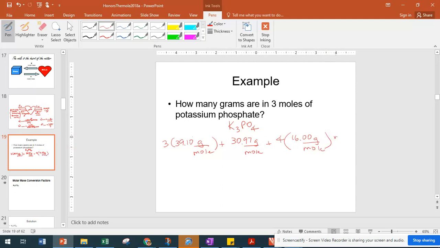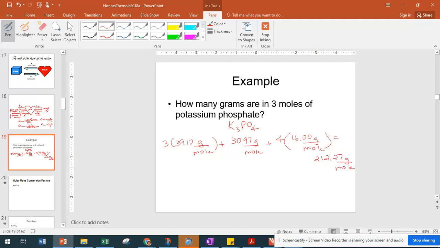If we add all these three things together, we're going to get 212.27 grams per mole.